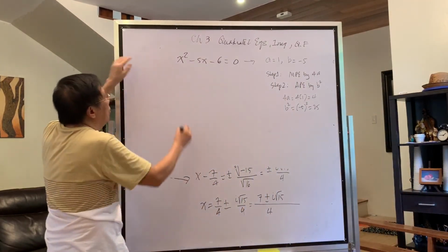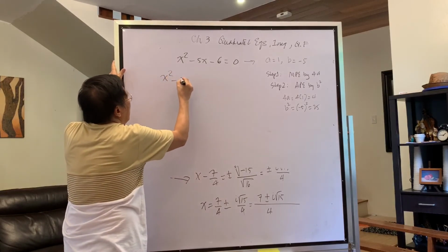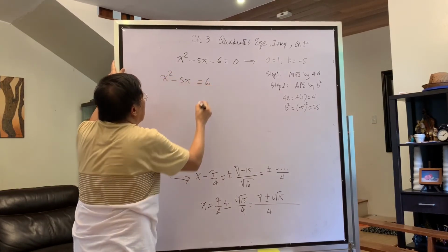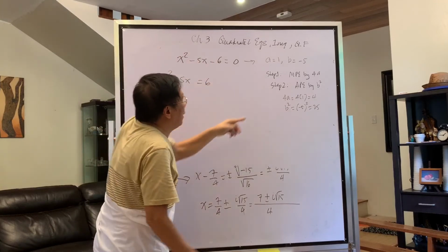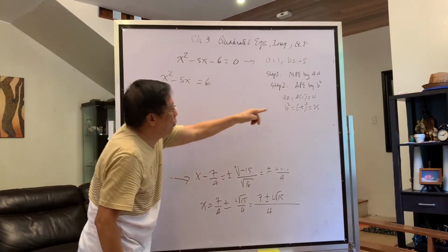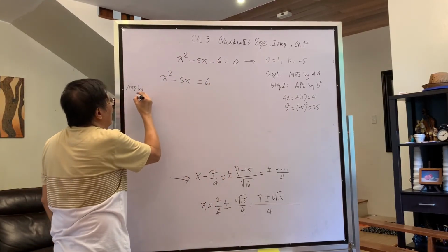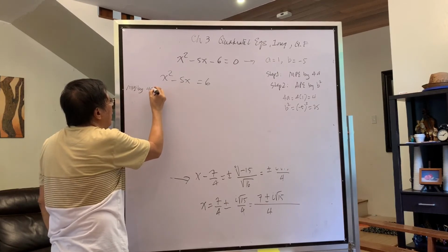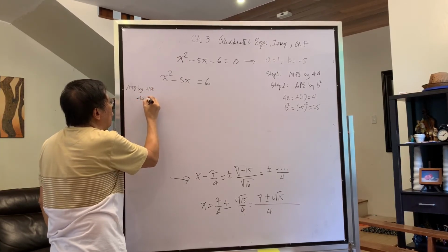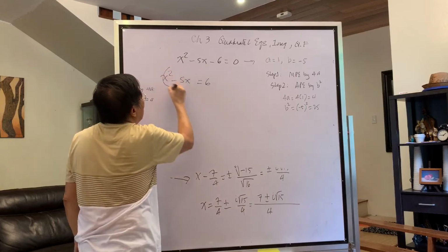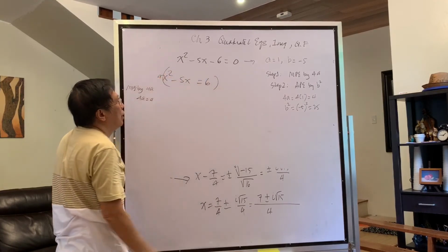Okay, so we can now write this as x squared minus 5x equals 6. Now, the first step here is MPE by 4a. But 4a is actually equal to 4. So we will multiply this by 4.